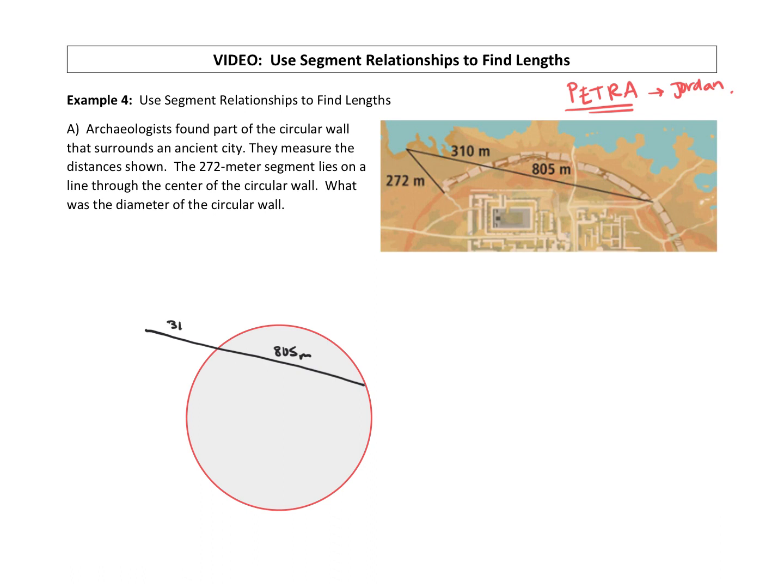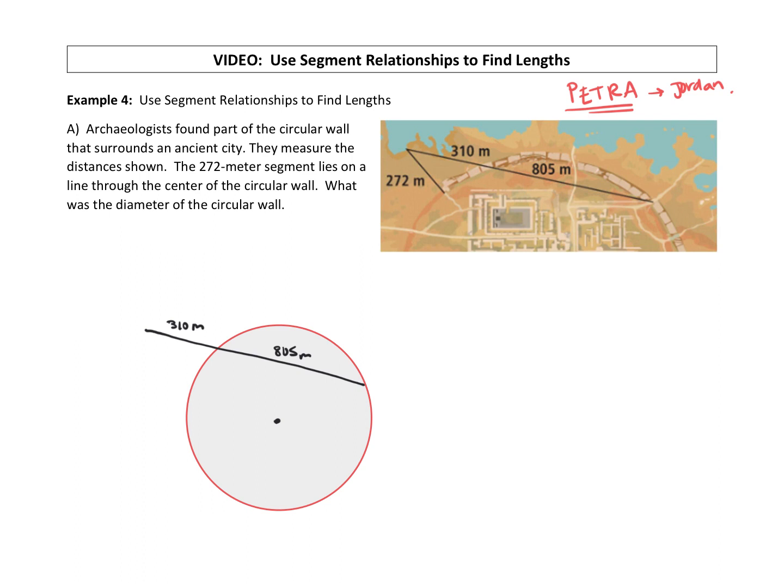And here is our 310 meters. Now, they said the 272 meter segment lies on a line through the center of the circular wall. So here is the center of our circular wall.